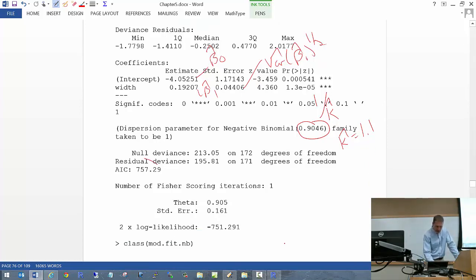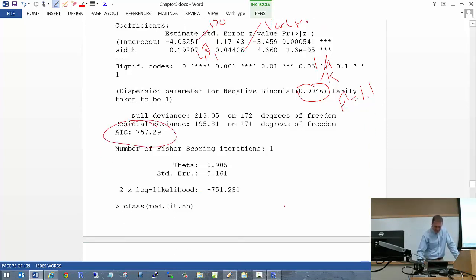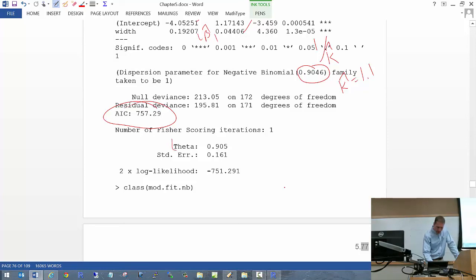Notice that we do have an AIC given. R uses 1 over k, theta. It's just how they do everything. Notice that what you're given in the output is this estimated square root, I'm sorry, this square root of the estimated variance of this theta hat. Theta is 1 over k.